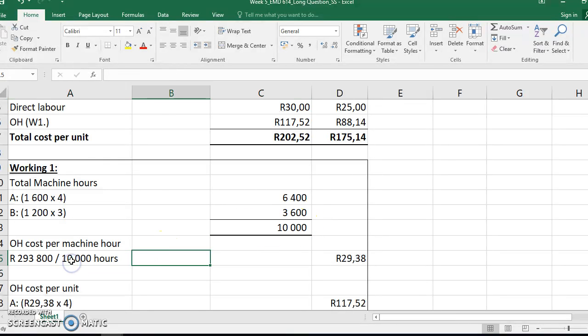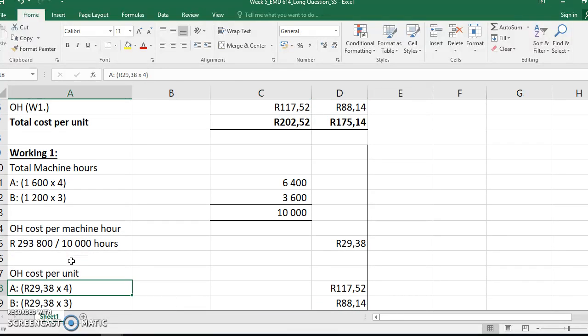So the rate will be 29.38, and then the final step is we need to allocate this 29.38 to the products. Remember, that's 29.38 per machine hour. Product A uses 4 machine hours, so it's that times 4, which gives you 117, and product B uses 3 machine hours, so it's that times 3, which gives you 88.